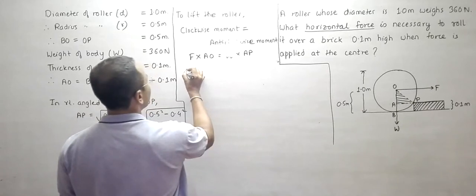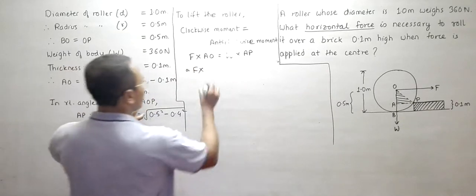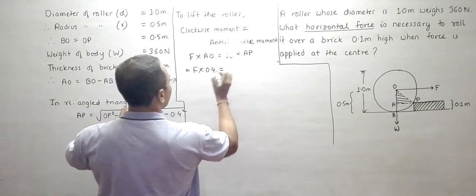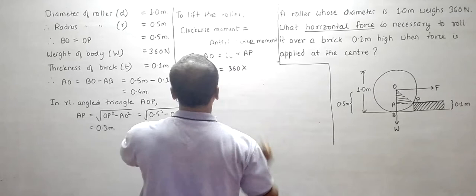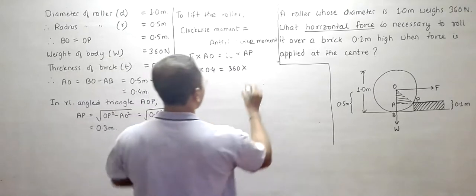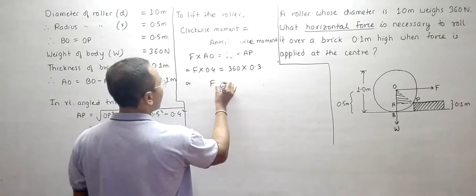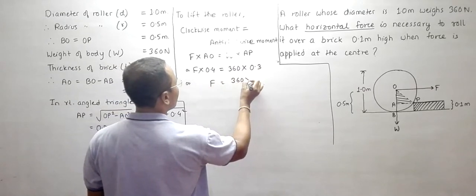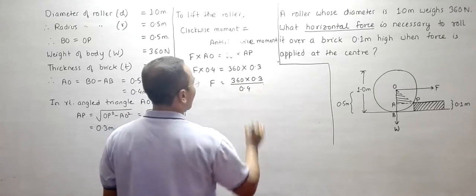So this gives us F into AO, 0.4, equal to W, which is 360, into 0.3. So F equal to 360 into 0.3 divided by 0.4.